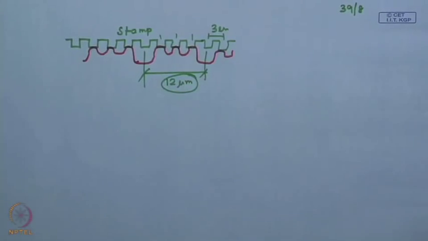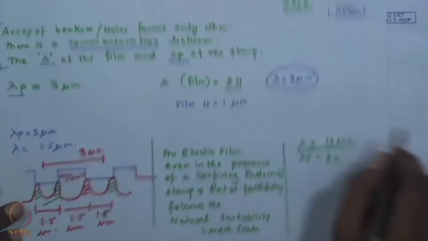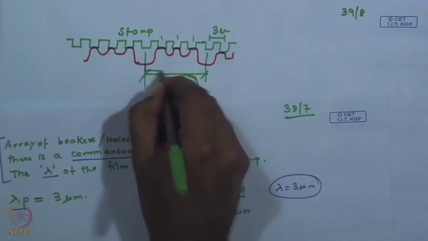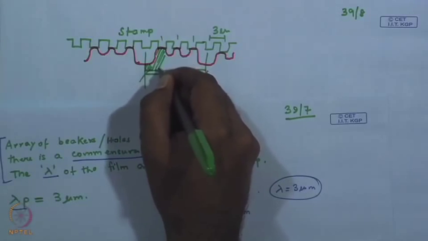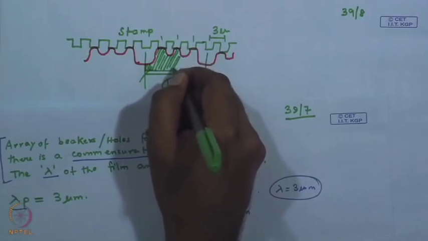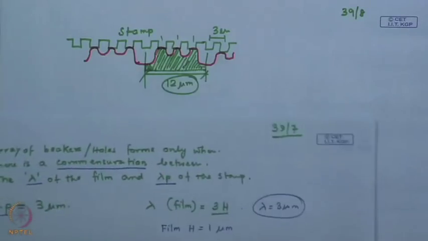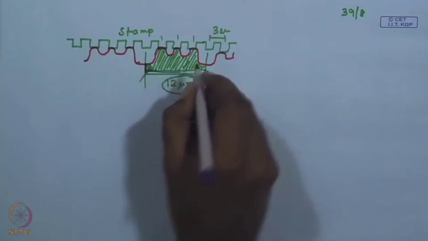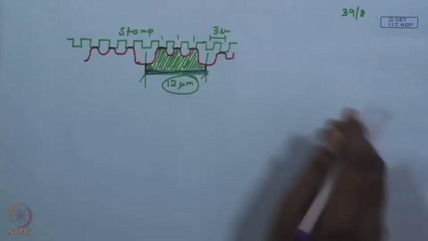And you see the natural periodicity is roughly 13 micron. So, here as if this whole individual structure now behaves as one single elastic instability structure, so that it still obeys the natural length scale of instability under this type of situation.